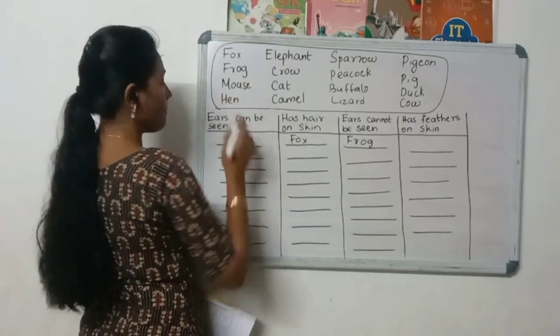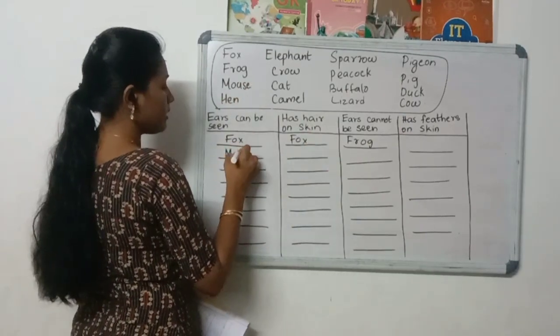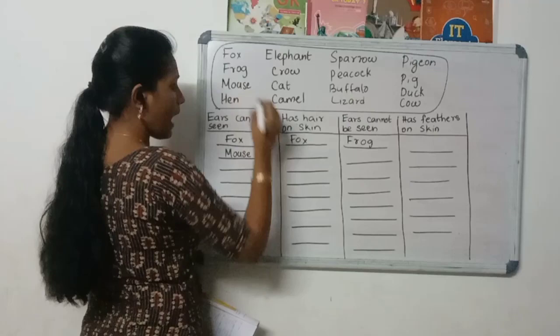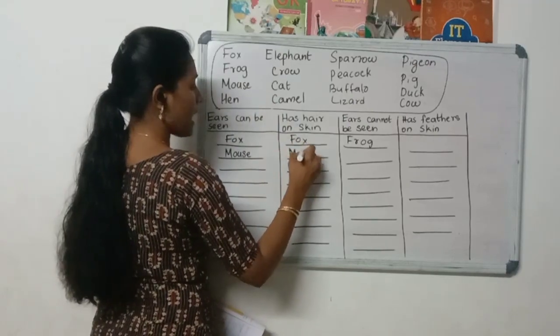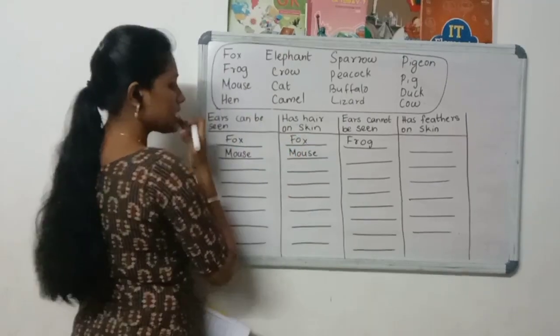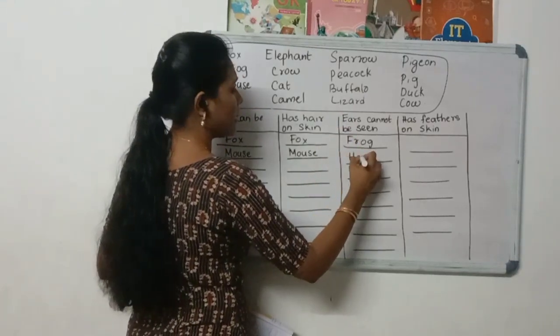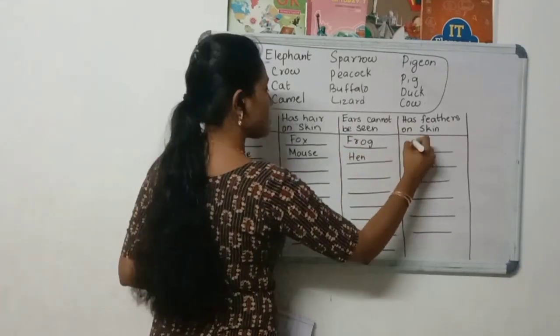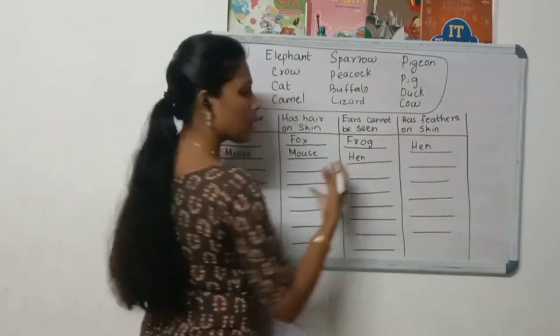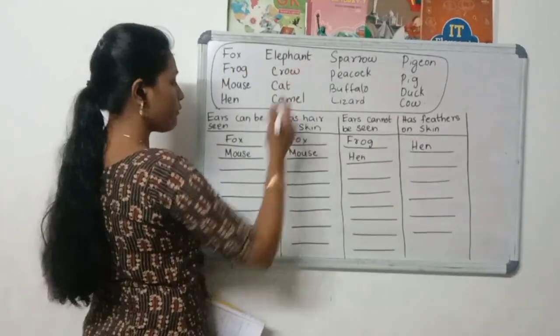Then mouse. We can see the ears of the mouse and we know that it has hair on its skin. Next, hen. We cannot see a hen's ears and it has feathers because it is a bird. Elephant.